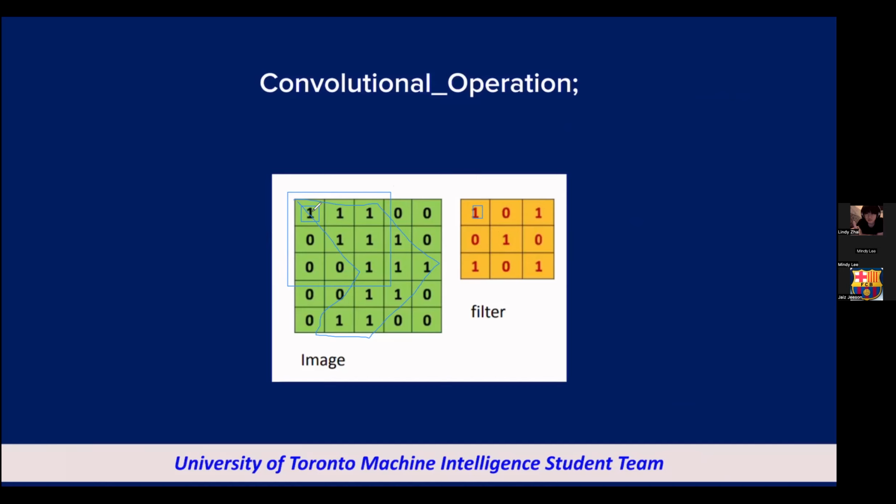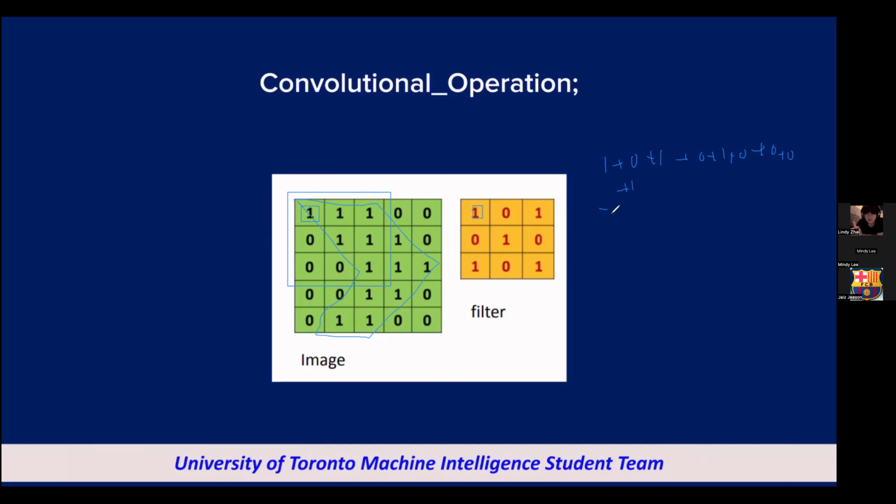So after we multiply everything, we're going to add them together. So the left side is 1 plus 0 plus 1 plus 0 plus 1 plus 0 plus 0 plus 0 plus 1.